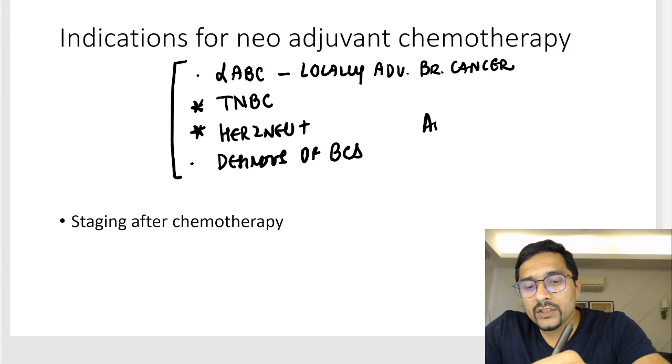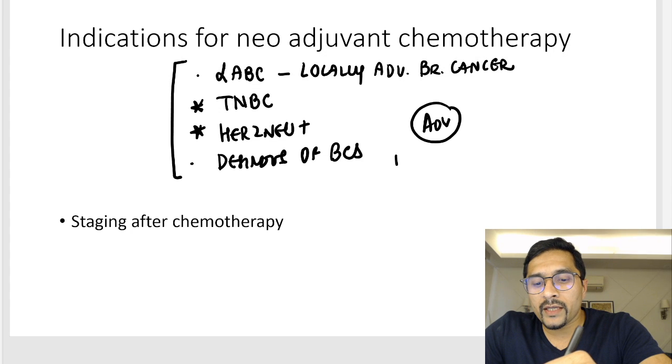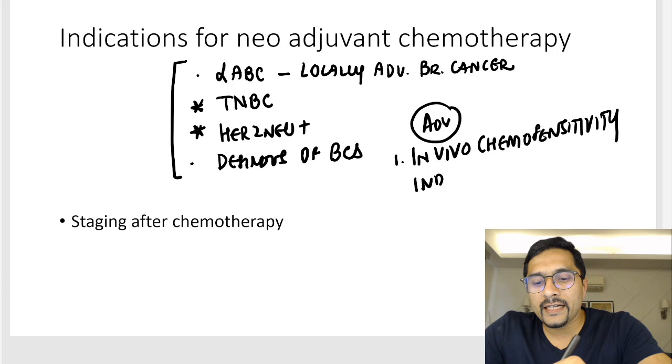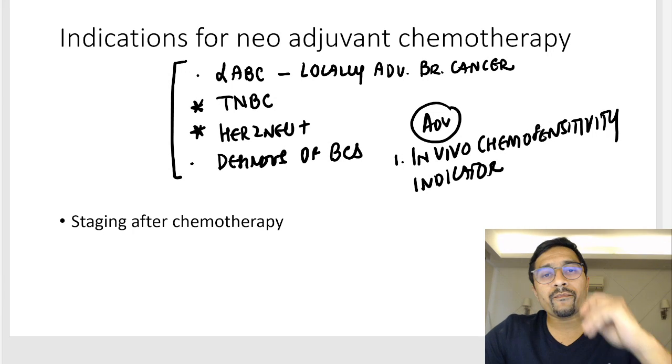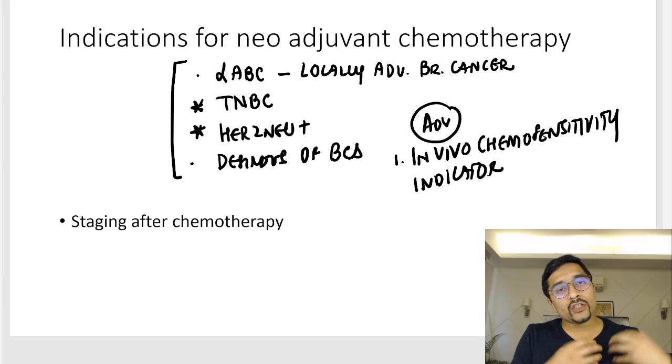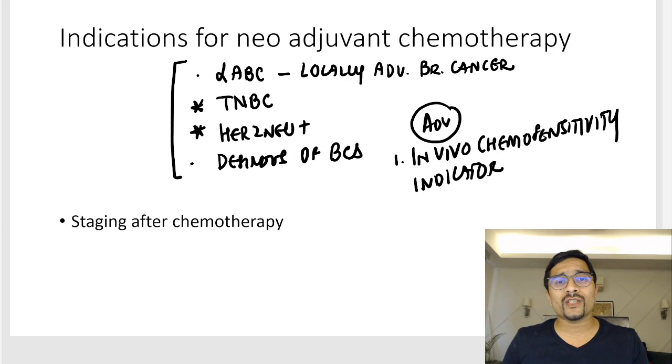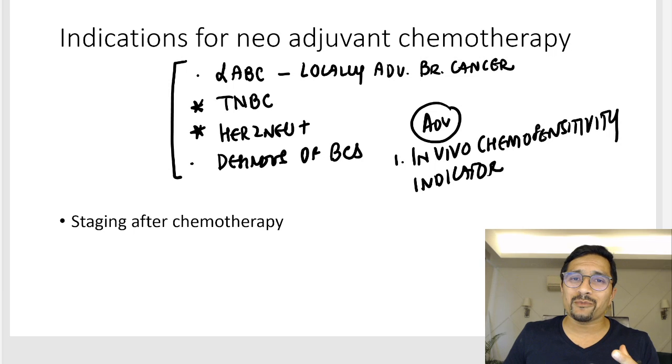The advantages of neoadjuvant chemotherapy are it serves as an in vivo chemosensitivity indicator. What does this mean? This means that when the tumor is inside the body, I will objectively know whether the tumor is responding to chemotherapy or it is resistant to chemotherapy.